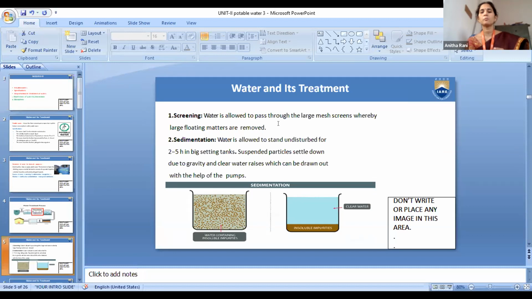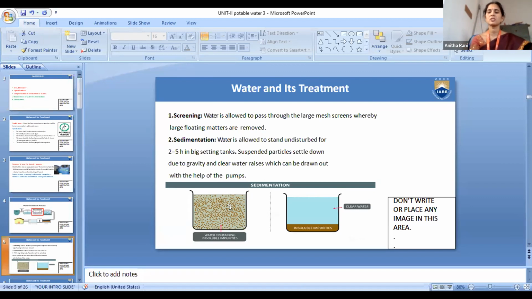Water is allowed to pass through a large mesh screen, whereby we can remove the floating matter, like leaves and bark of the tree. That is the first step. Next one is sedimentation.